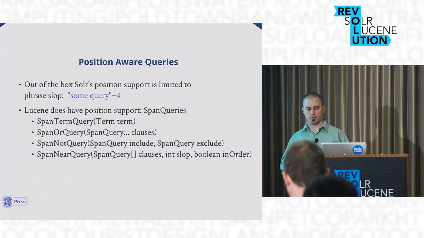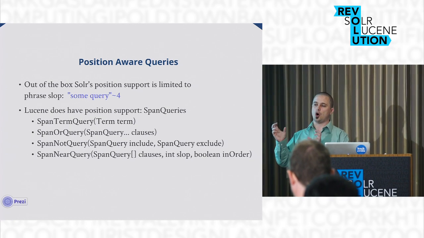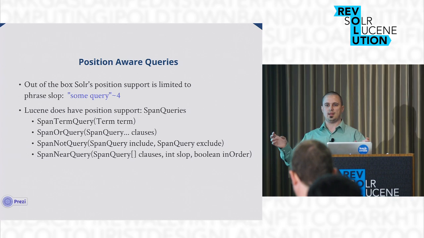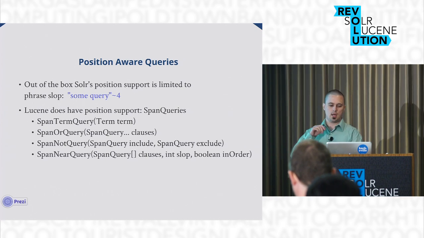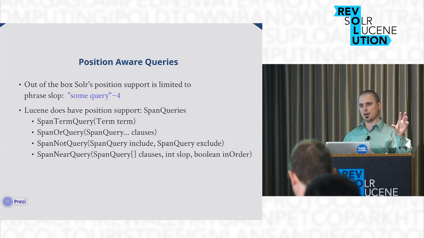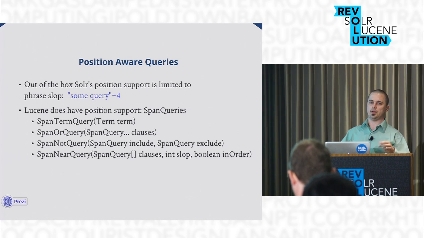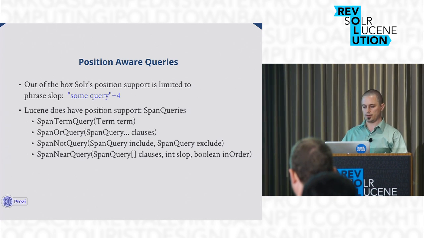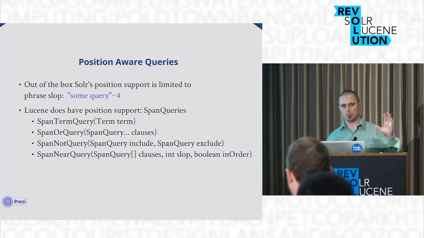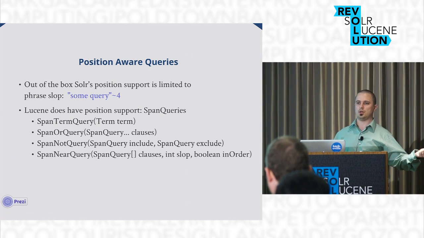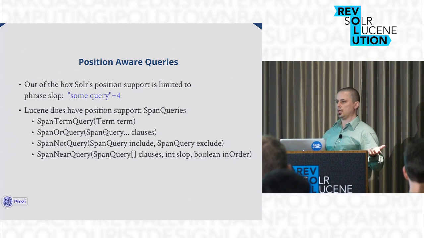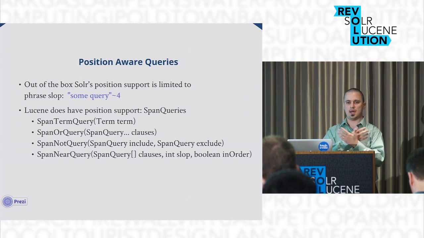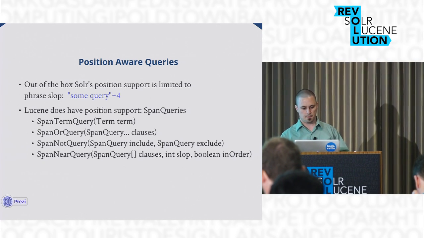SpanNear takes three arguments. The first argument is the set of all the subqueries that need to be near one another. The next argument is the slop, which indicates how near these arguments must be to one another. It's an integer. And the final Boolean flag tells Lucene whether or not the order of these terms, these matches, is actually important.